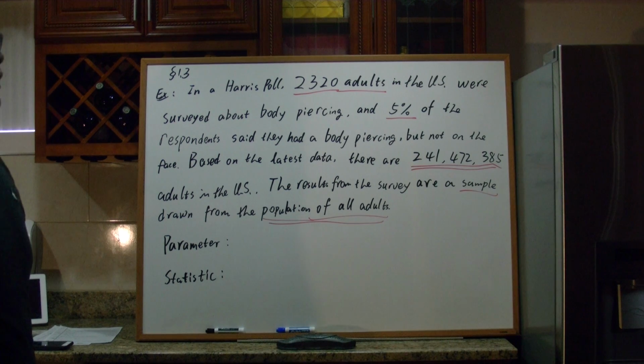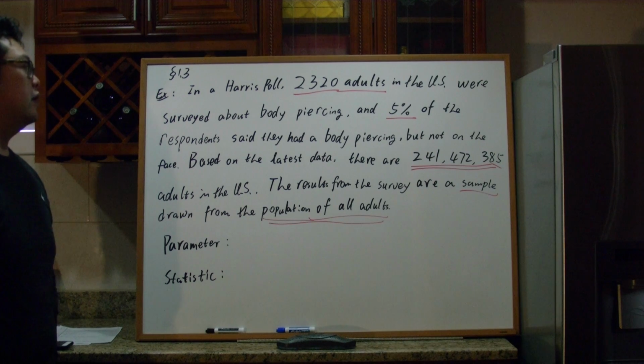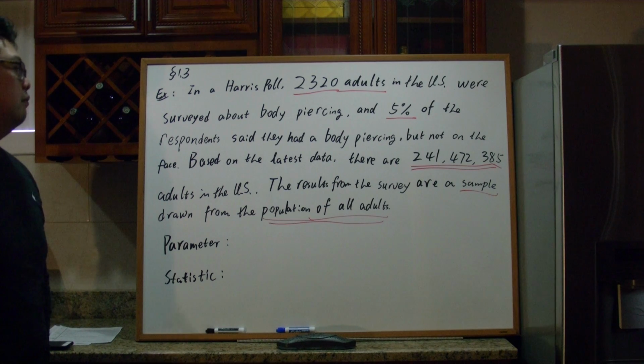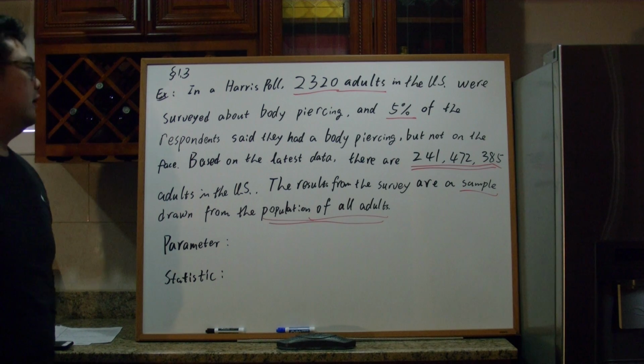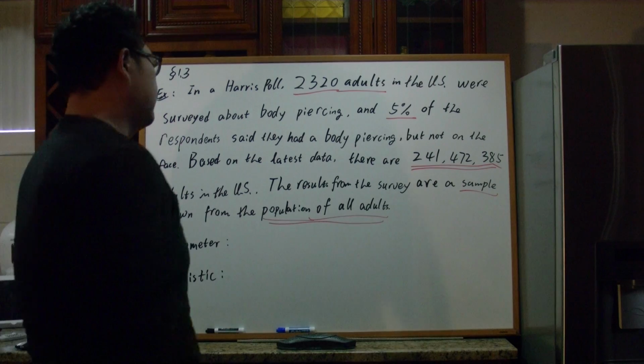Of course, we want to know about the proportion of body piercing of United States adults, but they surveyed 2,320 adults in the US. So, what do we get as the parameter?